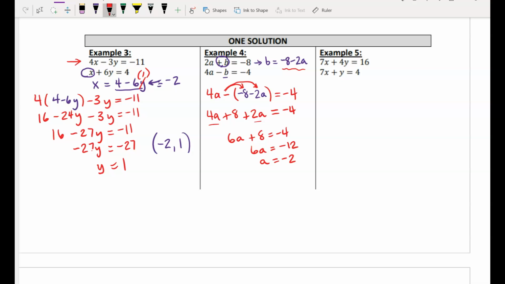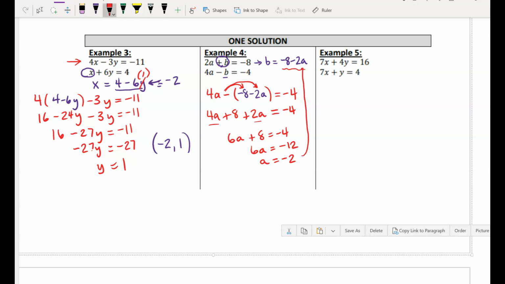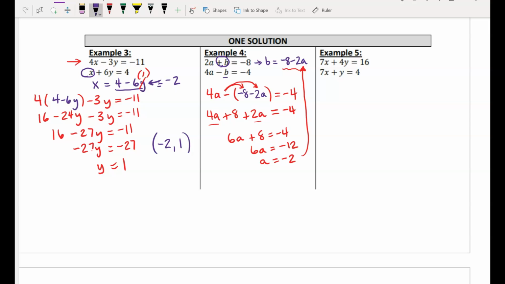Now that I know what a is, I can take that value back up here and substitute it in and find the b that goes with it. So b will equal negative 8 minus 2 times a, but a is negative 2, so I'm substituting in that value. Remember, you have to multiply before you can add or subtract.